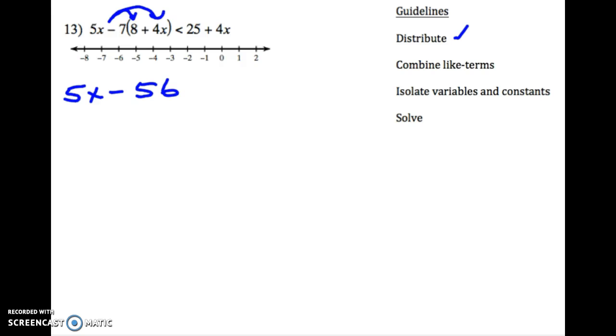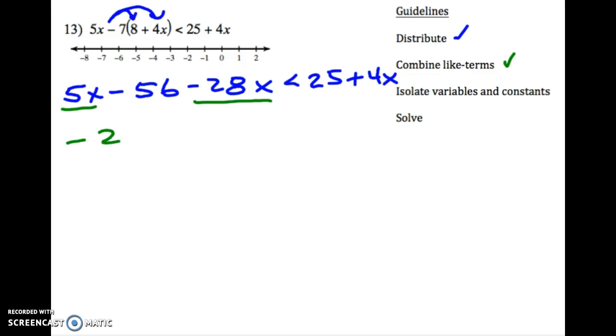Negative 7 times the 4x is negative 28x. At the less than, we keep the right side, the 25 plus 4x. Next, we take a look at like terms, and on the left side, we got the 5x and minus 28x. So 5x minus 28x should give us negative 23x.